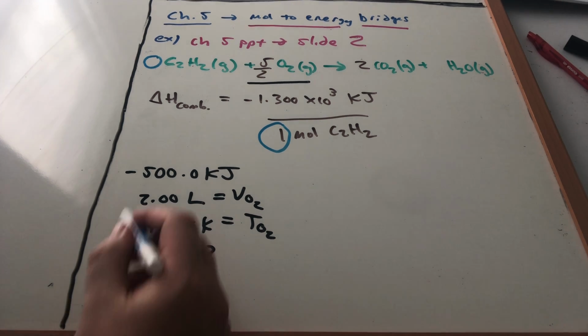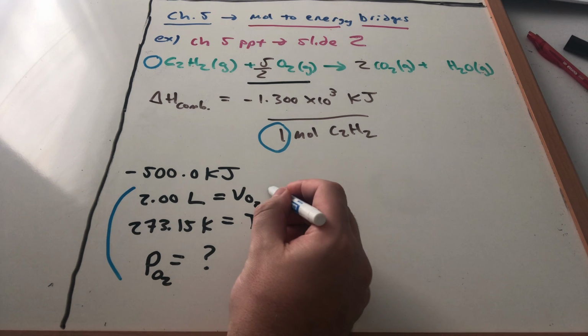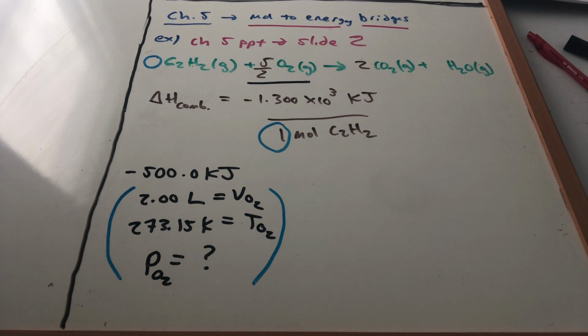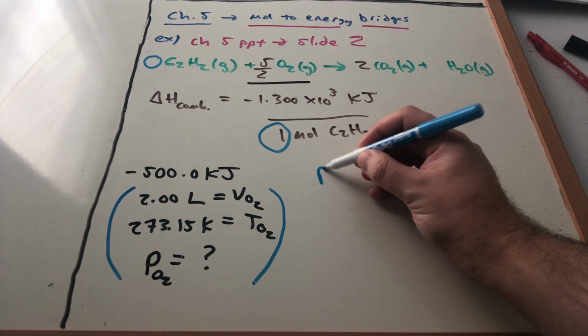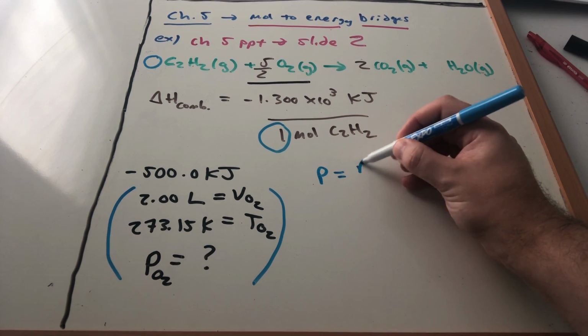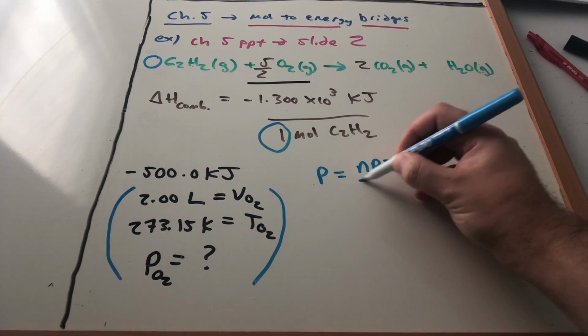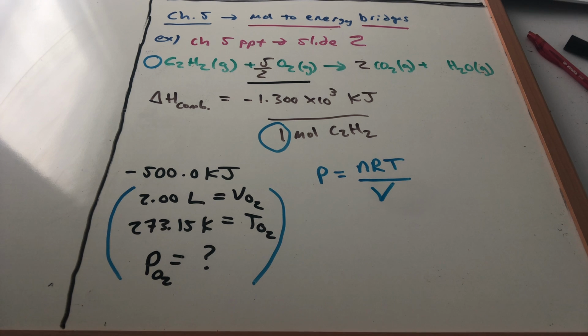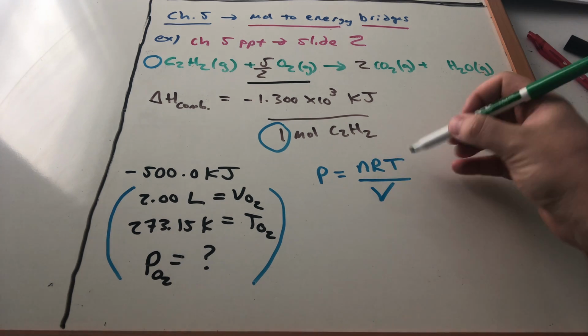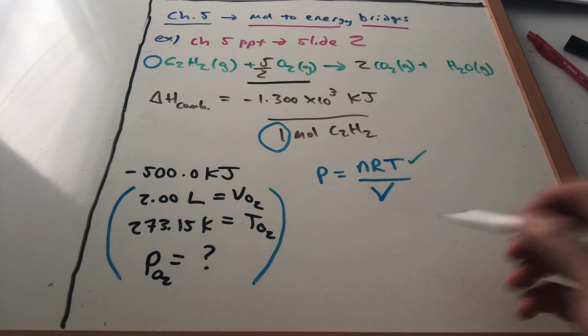Well, here's our thought process. Whenever you start to see P's, T's, and V's related to each other, what's the first thing you write down on your paper every single time? The ideal gas law. So for this case, we have P equals nRT over V. Now we can analyze this equation and figure out what we're missing. I know temperature, it's given to me.